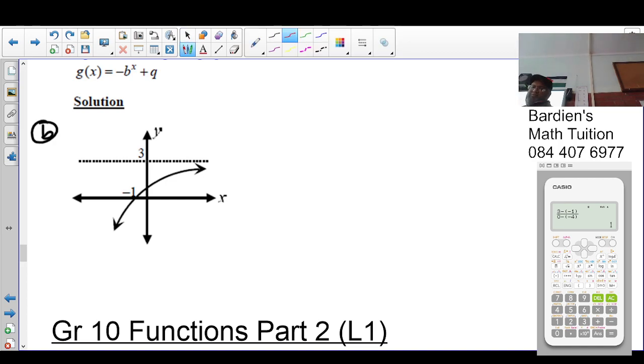We have our horizontal asymptote. So q is equal to 3. My equation now is g of x is equal to minus b to the x plus 3. So what still needs to be solved here? b. Still need to solve for b.